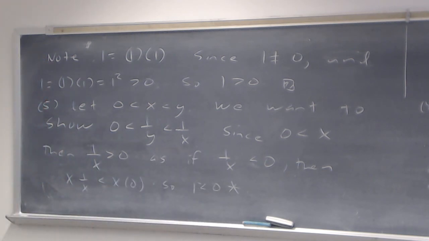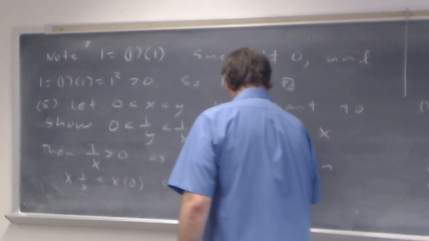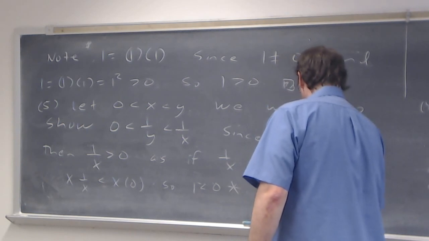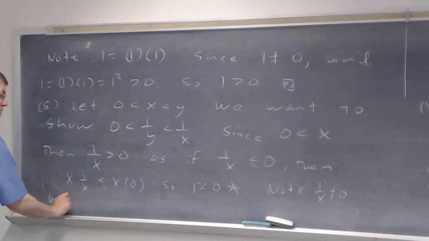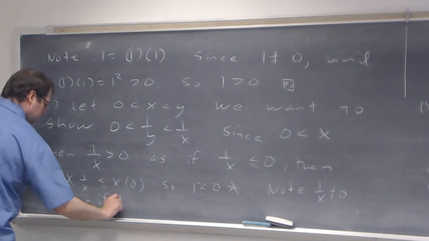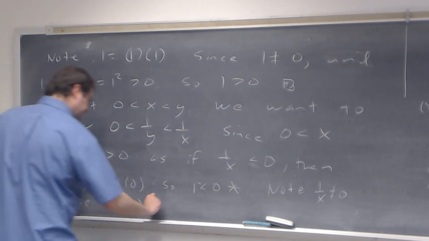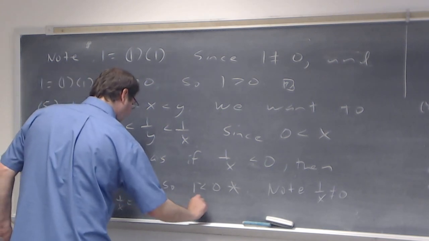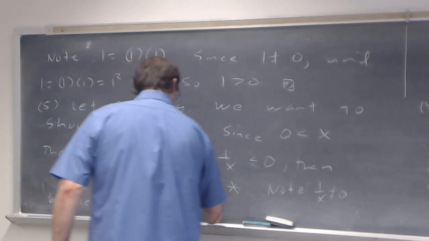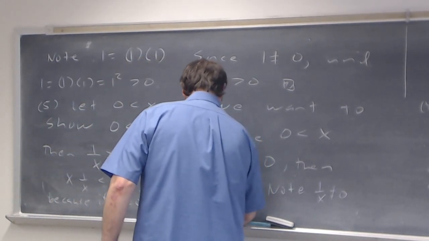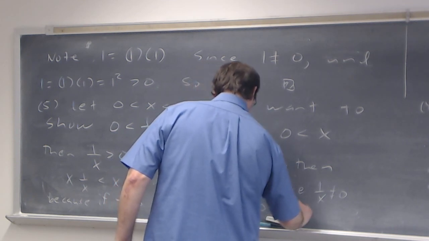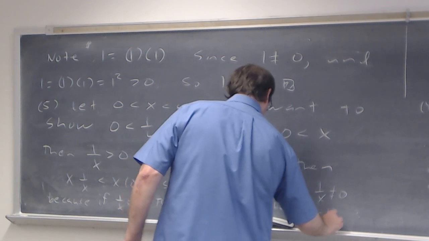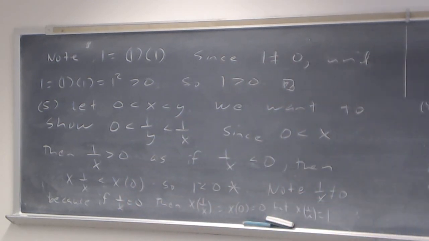Now, the other thing that might happen is 1 over x could be equal to 0. Note, 1 over x cannot be 0, because if it were, then x times 1 over x would be equal to x times 0. Well, that would be 0. But we know x times 1 over x equals 1. And 1 and 0 are not the same. Okay?